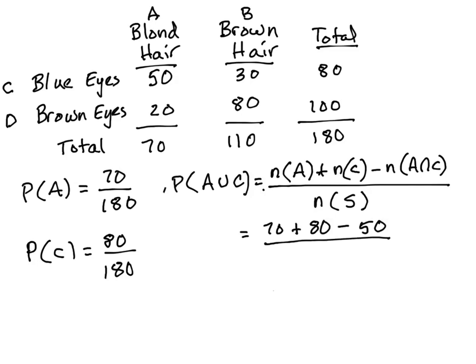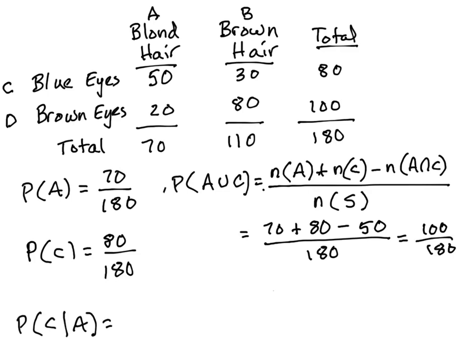We would have 70 plus 80 minus 50 over 180. We have the probability of 100 over 180 is the probability of having either blonde hair or blue eyes.